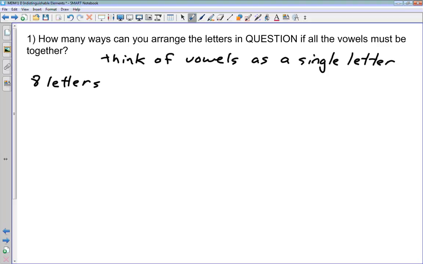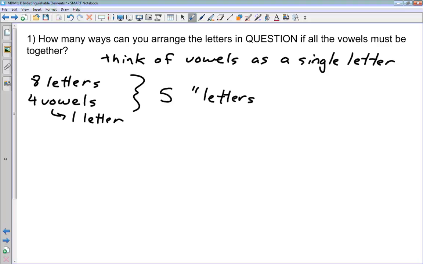Okay, how many vowels do we have? Well, we've got 1, 2, 3, 4 vowels. So let's pretend that all of these vowels are one sort of letter or one thing to arrange. If we take out those 4 vowels, we have 4 consonants, and then we add all of those vowels together as one, so we've got 5 letters to arrange.